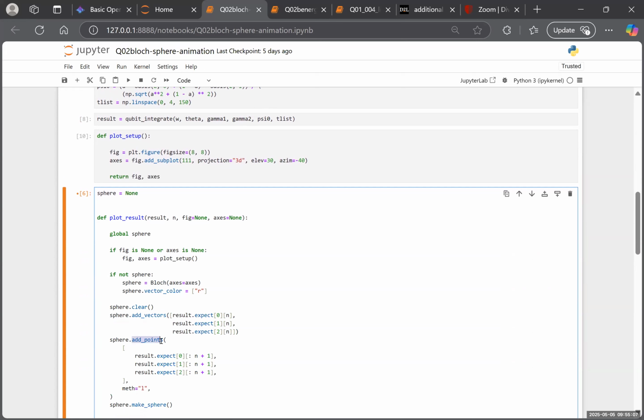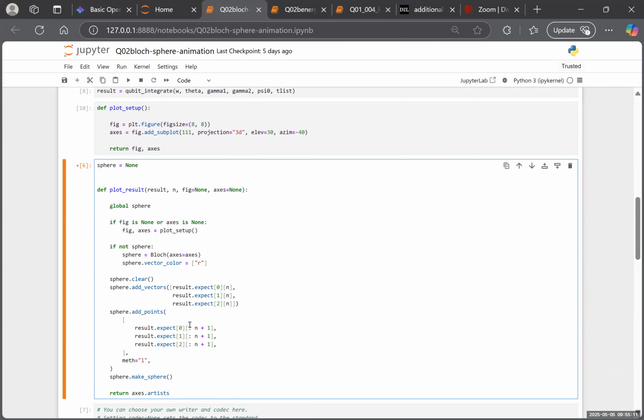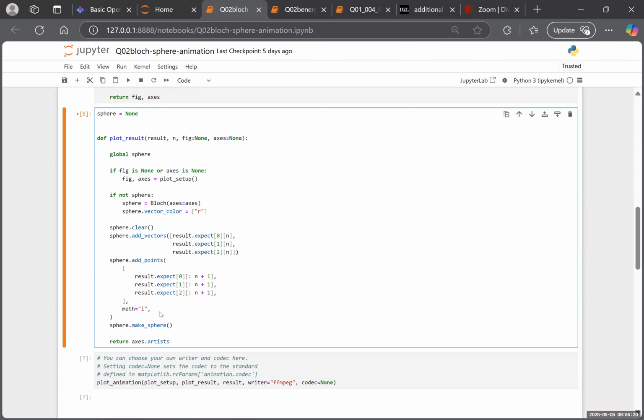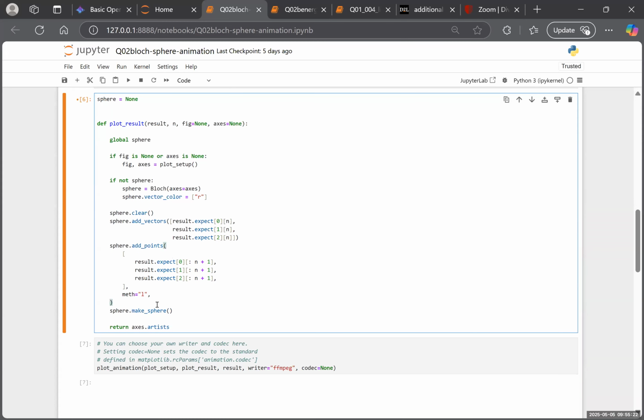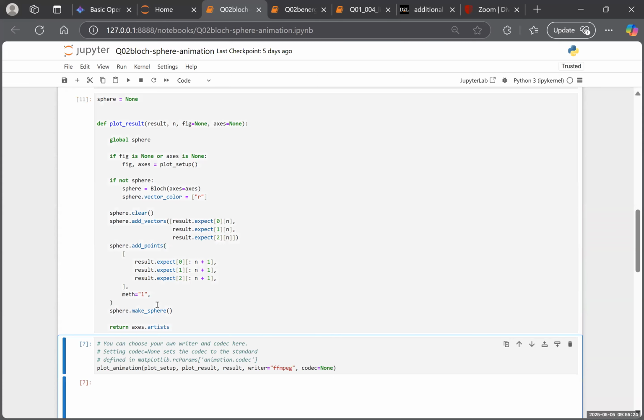And here you also add points, from 0 up to n plus 1. Okay, so it's plotting the trajectory. And then you make sphere. I think I'm describing in too much detail for this. This is how you set up the plot.